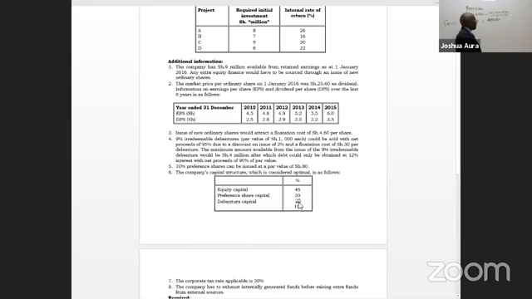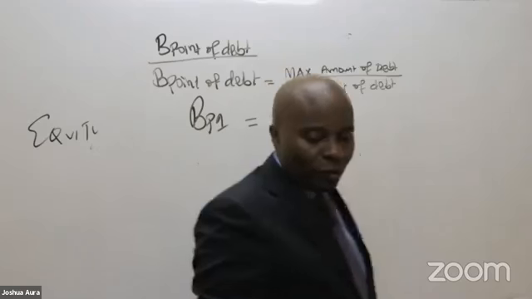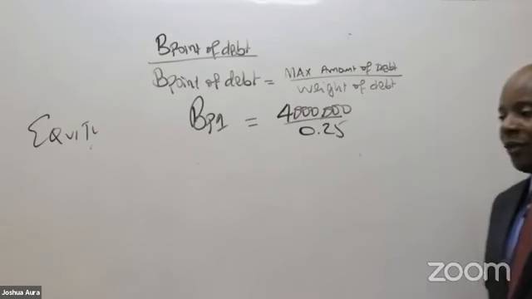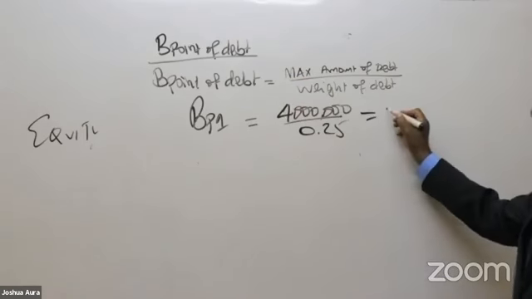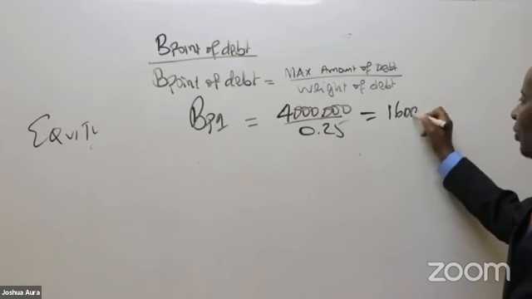So you divide by 0.25. Could you kindly take 4 million divided by 0.25 and give us an answer. What do we have here at the end of the day? 16 million. Thank you very much.